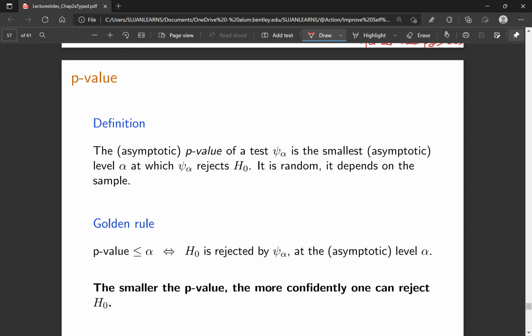When we are doing test statistics, the cutoff lives in the space of z-scores. But the p-value is an area under the curve, which lives in a space between 0 and 1.